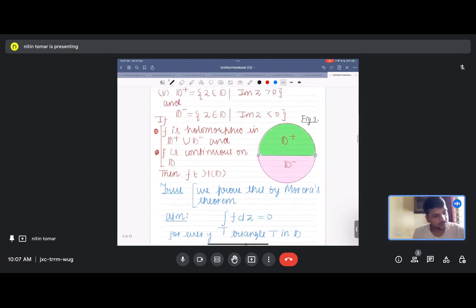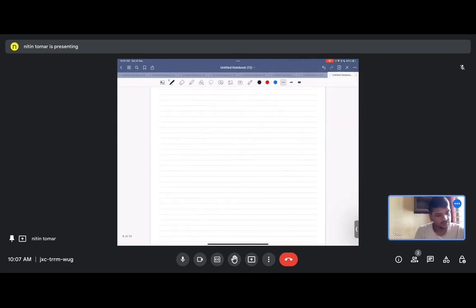So I add a picture here. This is our disk, my open disk. And let's say this is the line where the holomorphicity is not given.